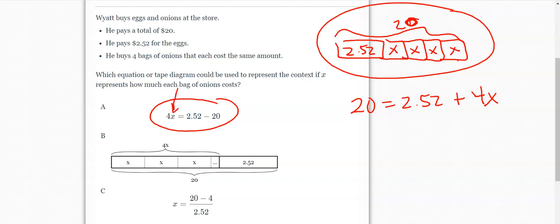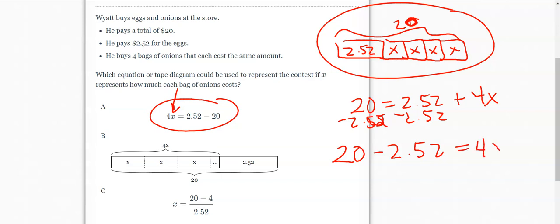And if I wanted to get 4x by itself, I would subtract 2.52 from both sides. And it would be 20 minus 2.52, I wrote that wrong, equals 4x, which is not what this says, right? It's not what that says.